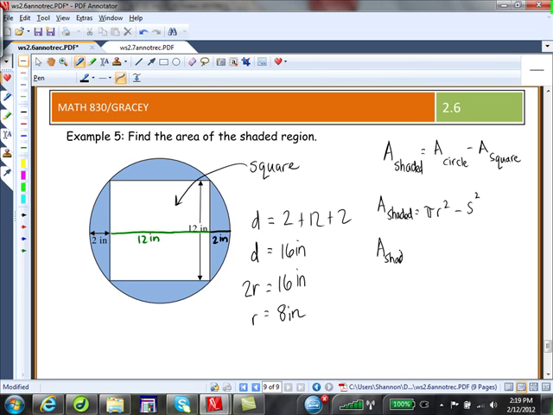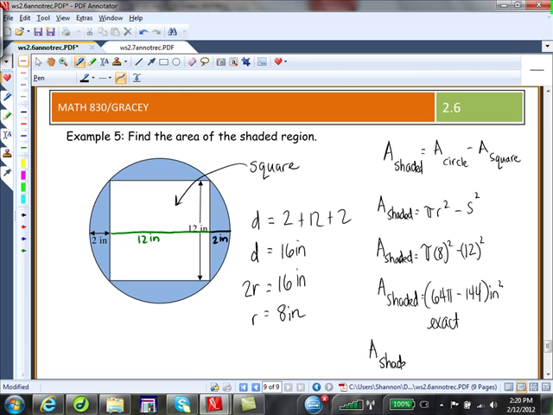Area of the shaded region will be pi times 8 squared minus 12 squared. So the area of the shaded region will be 64 pi minus 144. That's in inches squared, so this would be the exact result.